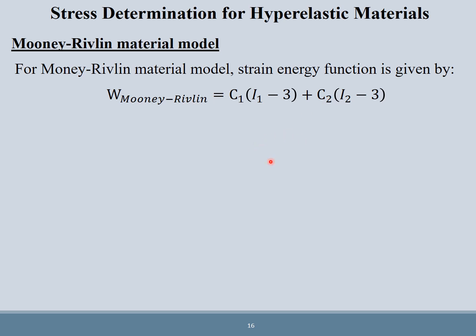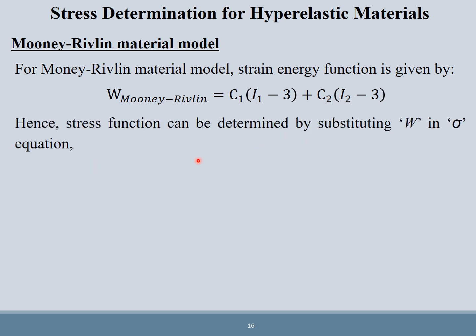Hence the stress function can be determined by substituting W in the sigma equation. If we replace that in the previous sigma equation and simplify, we get C1 for the first differential and C2 for the second differential.